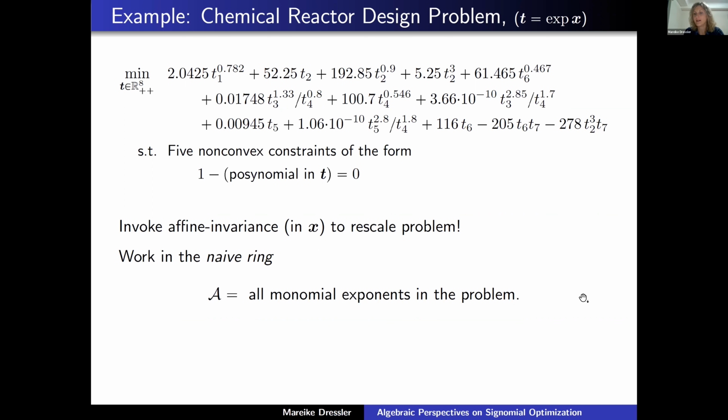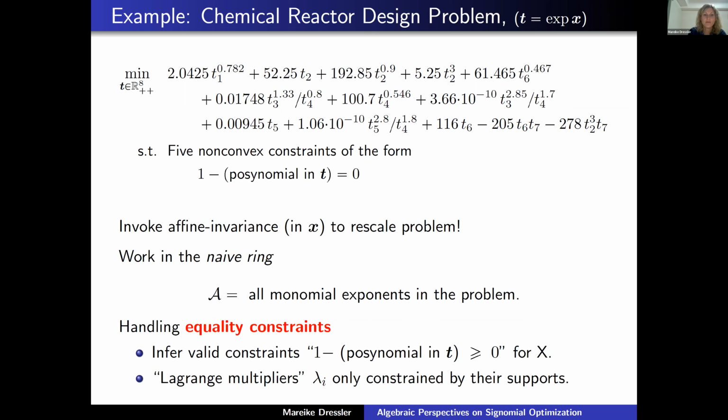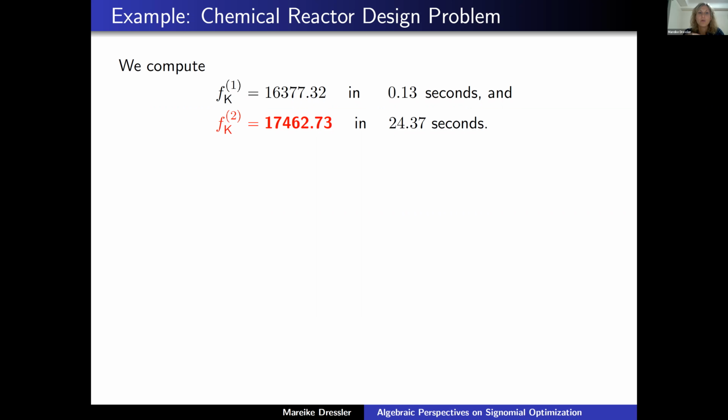Clearly, they are not convex, so we only have non-convex constraints. So we can infer valid inequality constraints in X and put these non-convex constraints as being these g_i I talked about earlier, right? And then we can apply our hierarchy and compute our lower bounds.